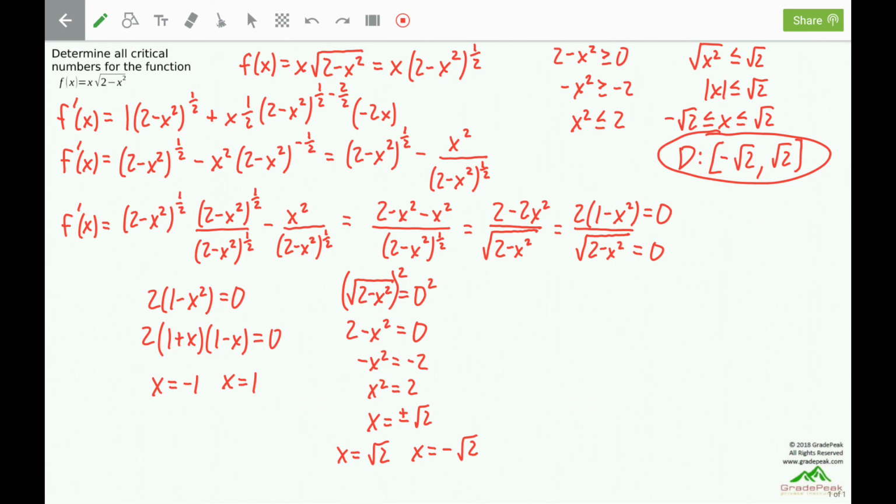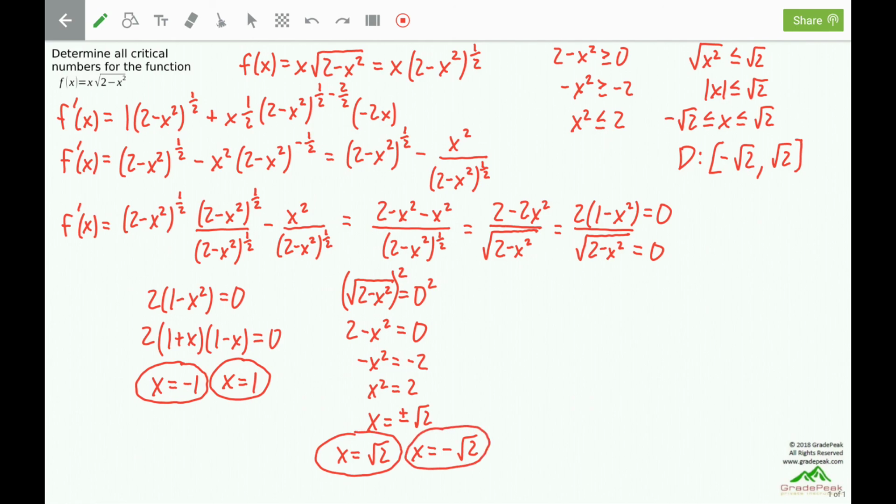Well, negative 1 is within there, so we keep it. It is a critical number. Positive 1 is in there, we keep it. The positive square root of 2 is one of the endpoints. It's the right endpoint, and it's included because of the square bracket in the domain, so we do keep it. And same thing with the negative square root of 2. It is one of the endpoints. It's the left endpoint. Due to the square bracket, it's included, and we keep it.